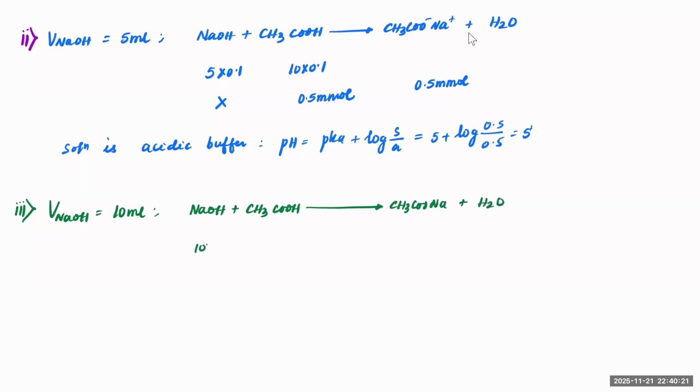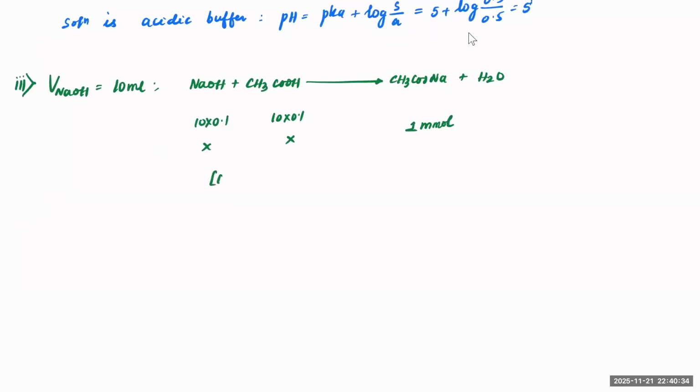So this is 10 into 0.1 and this is also 10 into 0.1. So neither base nor acid is left, only 1 millimole of salt is formed. So what is the concentration of the CH3COO minus salt ion? It will be 1 millimole divided by 20 ml.